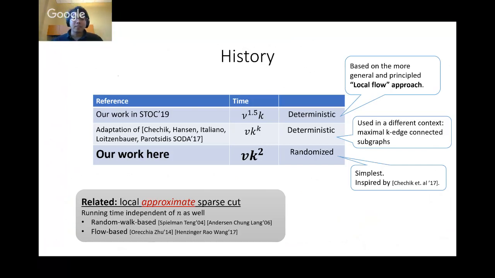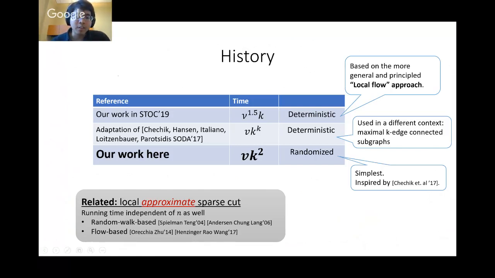So this is the history of this local algorithm, but I would like to mention a related problem called local approximate sparse cut, which many people might be more familiar with.